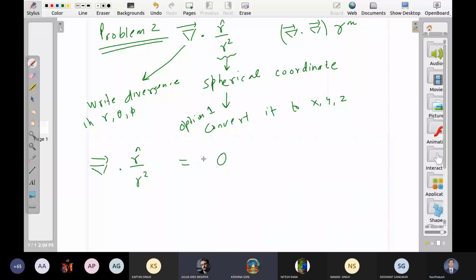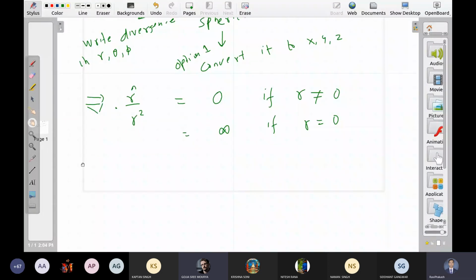And the divergence is infinite at r equals to 0. So how do you get infinite when r is equal to 0? Sir, it is following the same rule as Dirac delta function, sir. We observe a very infinite peak at the center. All right.